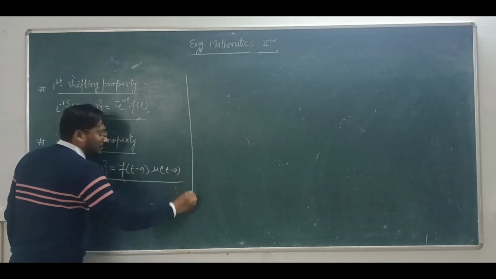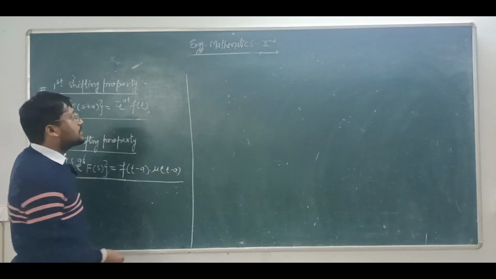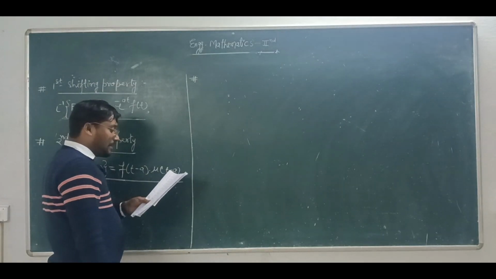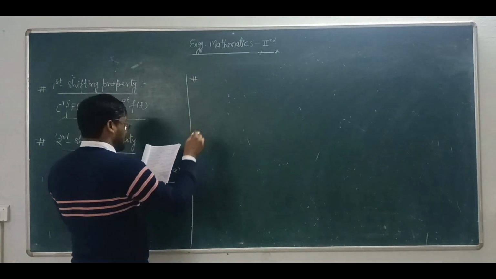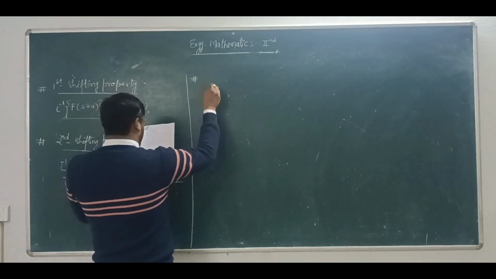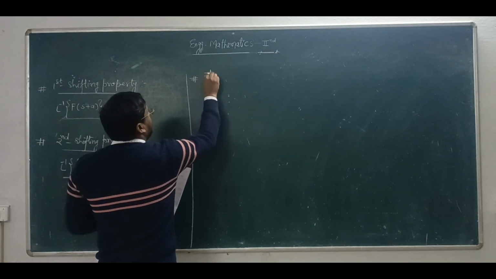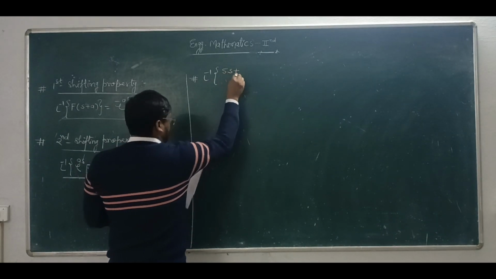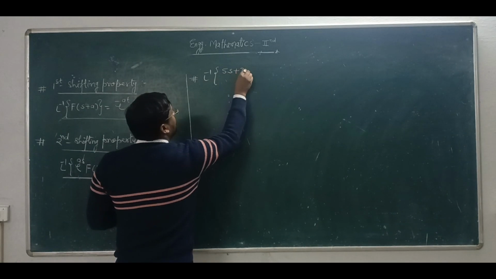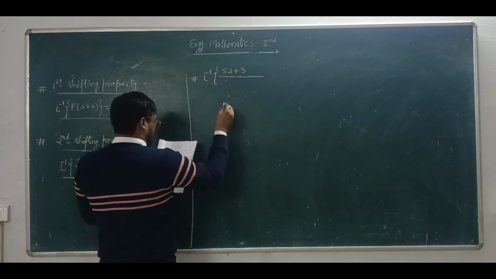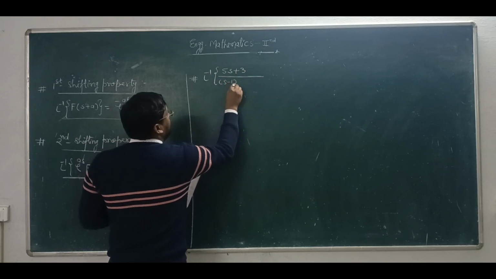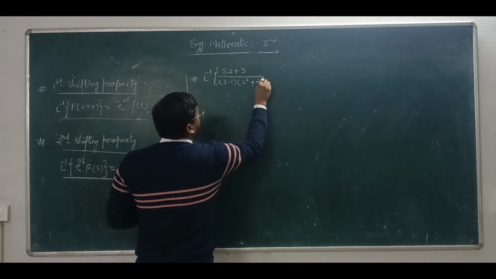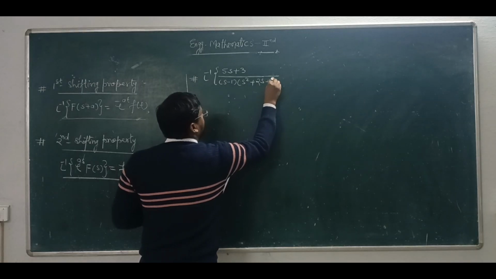First, find the inverse Laplace of L inverse of (5s plus 3) upon (s minus 1)(s square plus 2s plus 5).